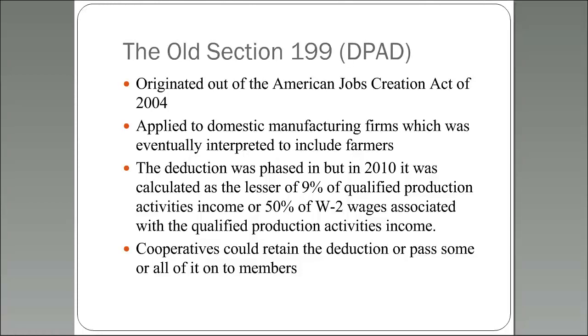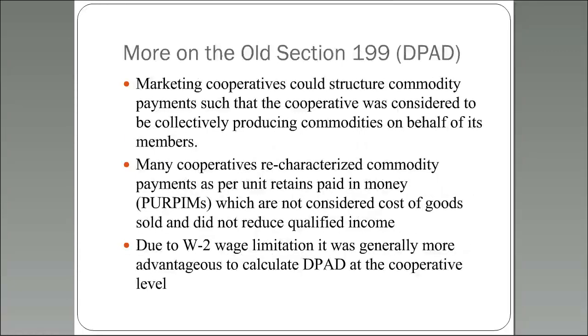So this, you can see in the final structure, this kind of gives us some insight of where our final structure maybe came from. So this was the old domestic manufacturing, and again, it had these two calculations at the income and W-2 wages.